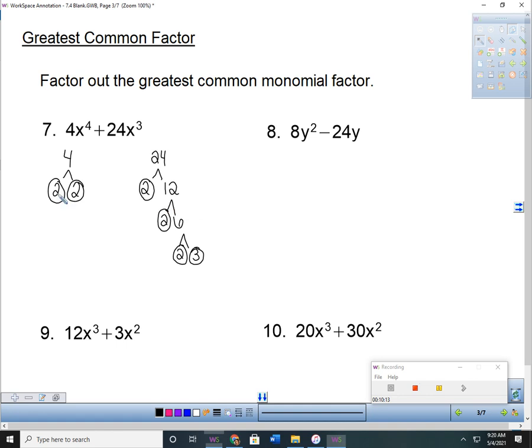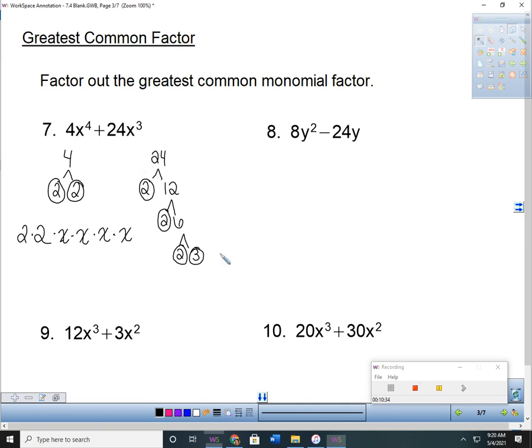So what we're going to do is we're going to write these out. So 4 is 2 times 2. And then you have 4 x's being multiplied here, right? When I take something to a power, that means I'm multiplying that times itself that many times. So I have 1, 2, 3, 4. So that is the prime factorization of 4x to the fourth.